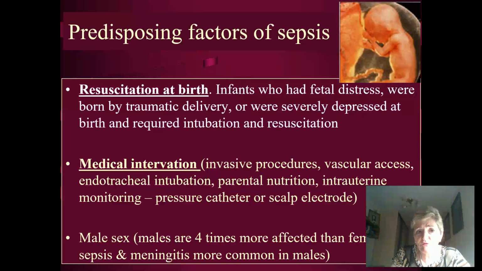Predisposing risk factors of sepsis in a newborn include resuscitation at birth, an infant who has fetal distress, traumatic delivery, or was severely depressed at birth and requires intubation and resuscitation. This group of patients has a very high risk of neonatal sepsis, such as nosocomial.